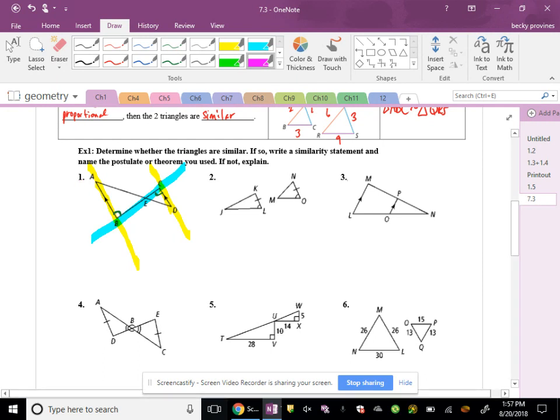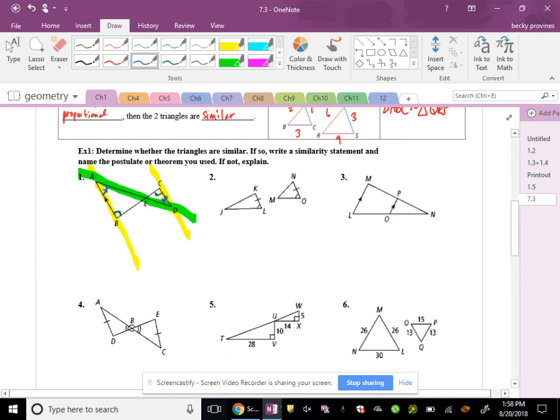Now, going the other direction, there's a transversal going this way. So I'm going to erase the blue line. So we have the parallel lines and the new transversal. We also have a set of corresponding angles going that direction. Now, guys, you have to prove two angles. Did we prove two angles? We certainly did.